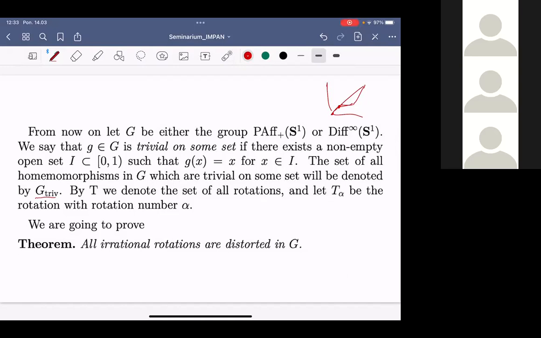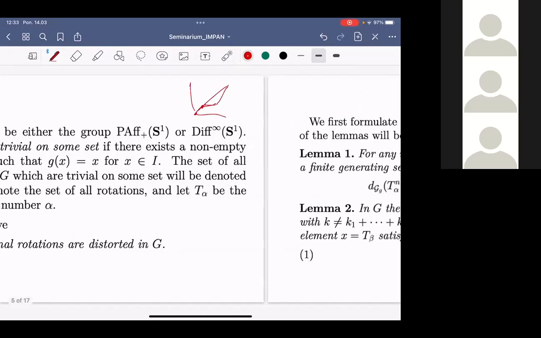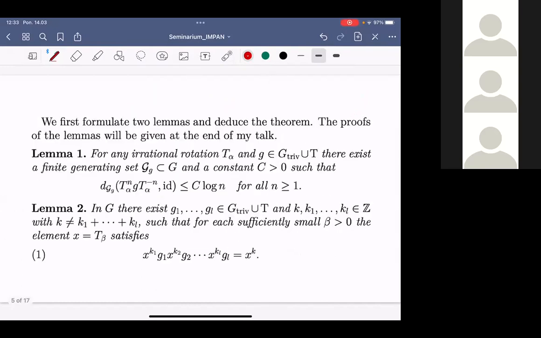And I would like to prove this theorem that all irrational rotations are distorted in G. Before we give the proof of this theorem, which will be extremely simple if we have the following two lemmas, we first formulate the two lemmas, and we will deduce the theorem from these lemmas.